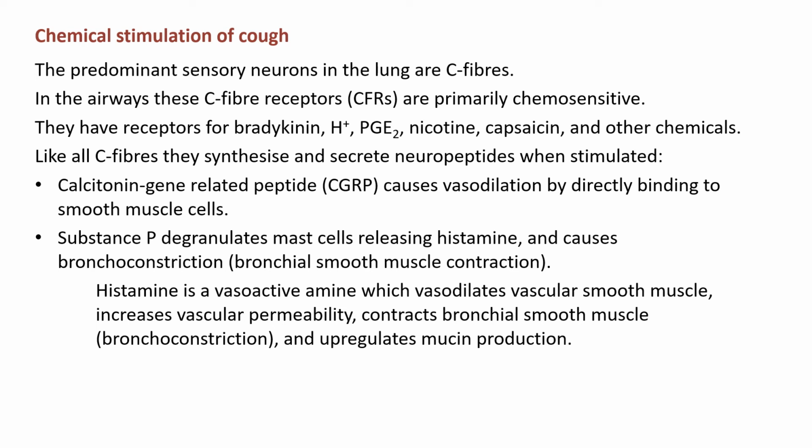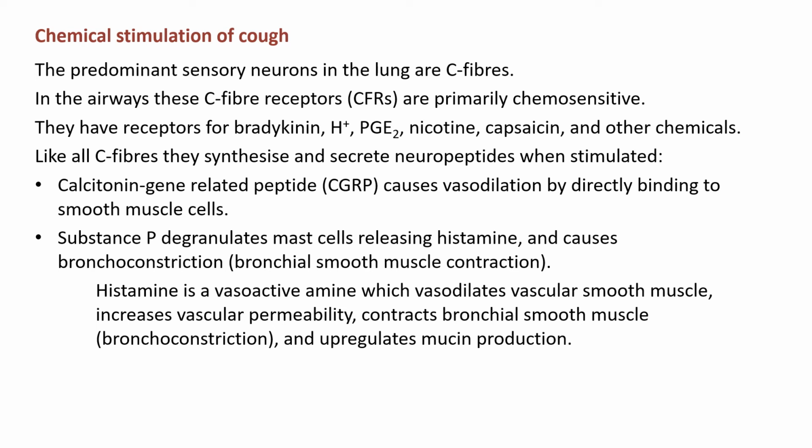And of course, histamine is a vasoactive amine, so it vasodilates vascular smooth muscle, but it actually causes bronchoconstriction because it contracts bronchial smooth muscle. So different receptors, different effects, completely opposite effects. In one case, we contract smooth muscle in the bronchi.